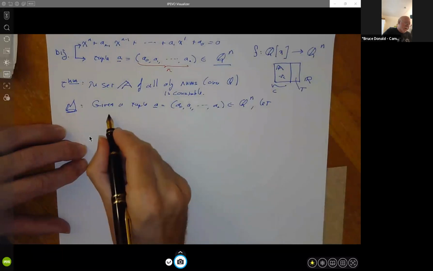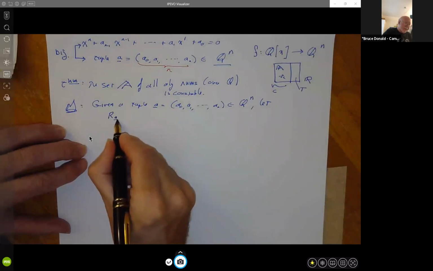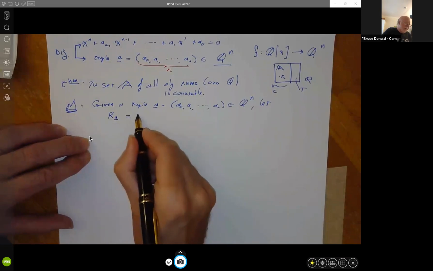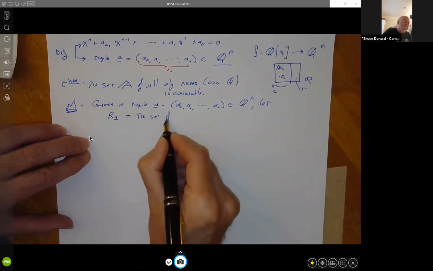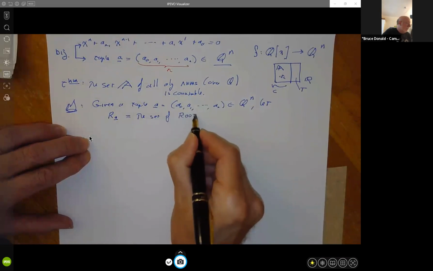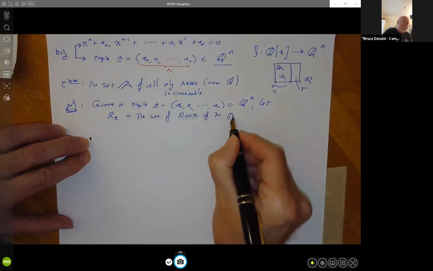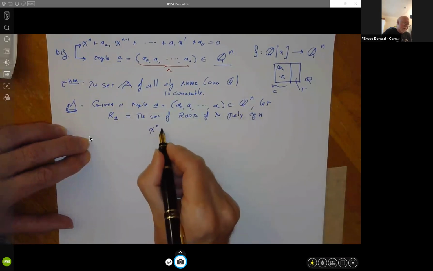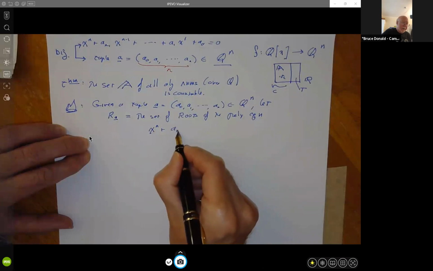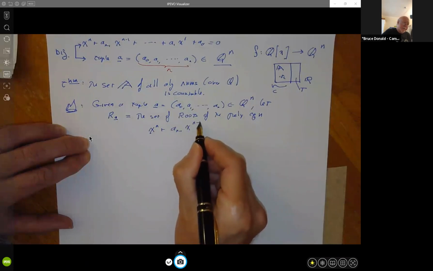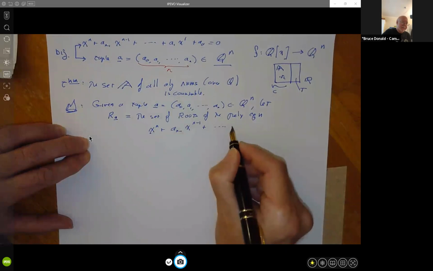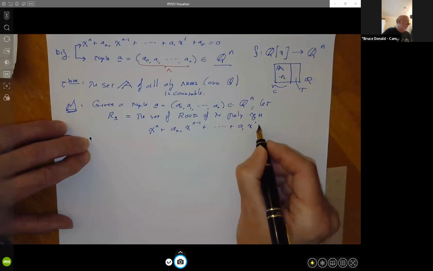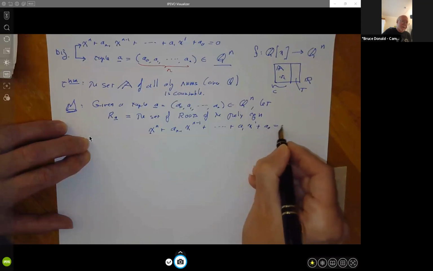So I'm going to let R sub a, remember the tuple a like this, equal the set of roots of the polynomial equation. I'll copy it again: x to the n plus a n minus 1 x to the n minus 1, plus all the way down to plus a1 x to the 1, plus a0 equals 0.